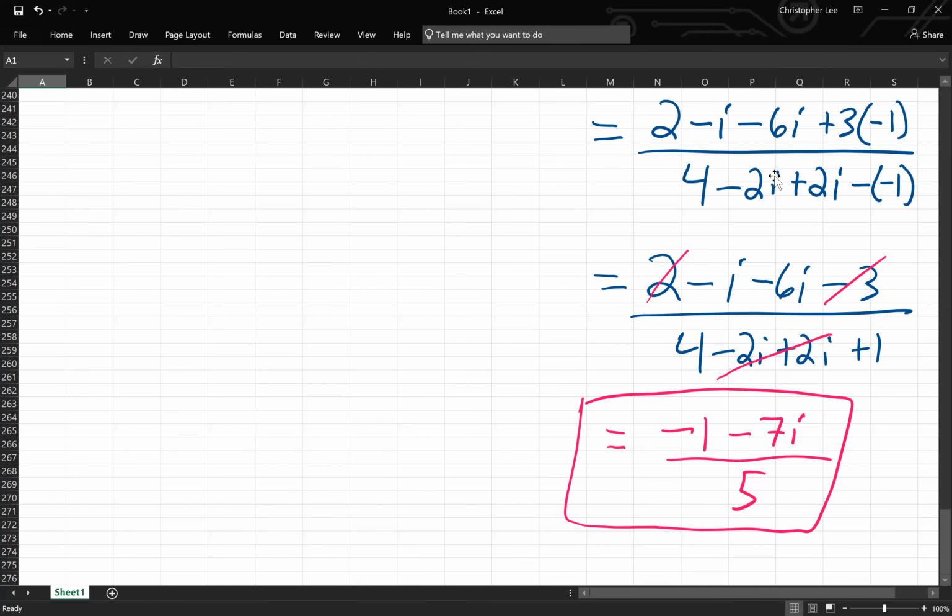Yeah, by 3. So what they want is the fractions individually, so they want like negative 1/5. And then they want negative 7/5. They already have the i there, you know? So, that's all that is.